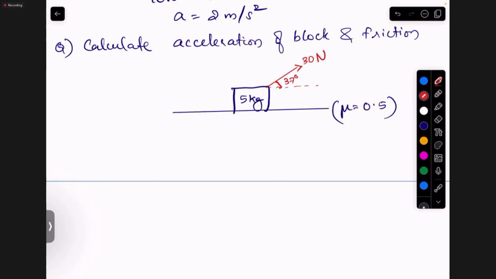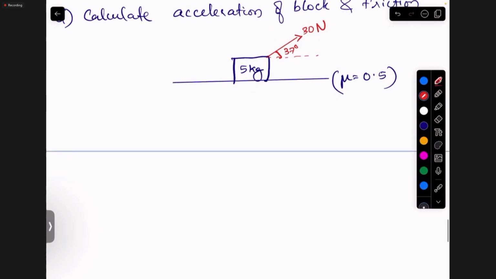Okay. Now you need to find the friction and acceleration of the block. So first what we will do, we will draw a free body diagram. So this is the free body diagram of the block. This has a 50 Newton weight. Normal reaction is here.